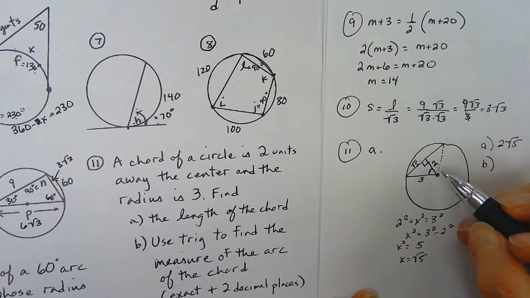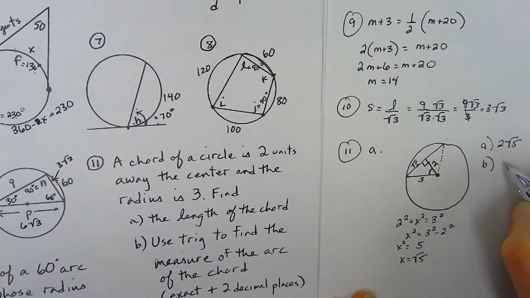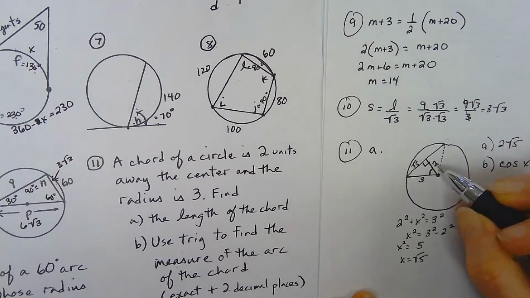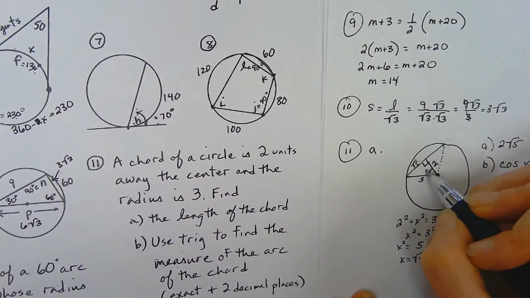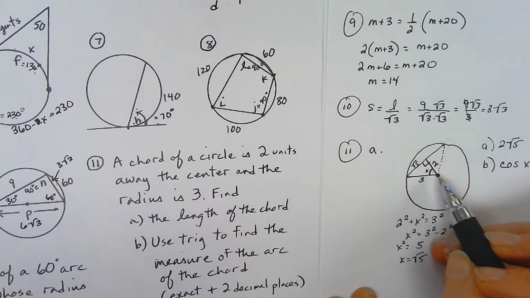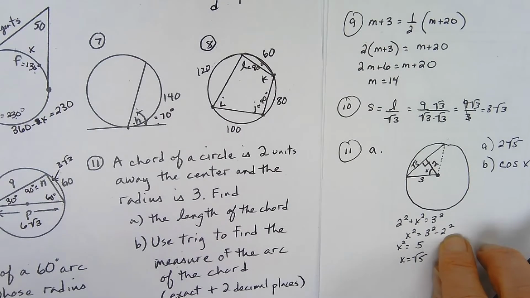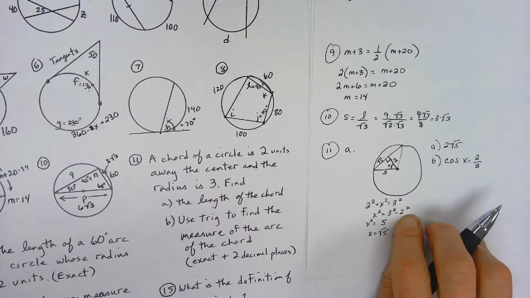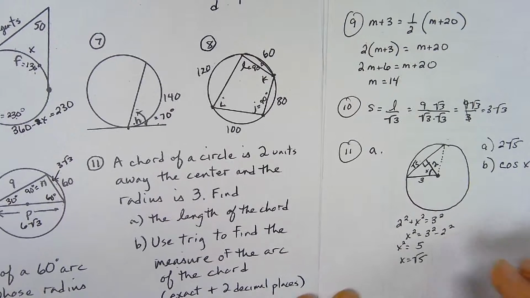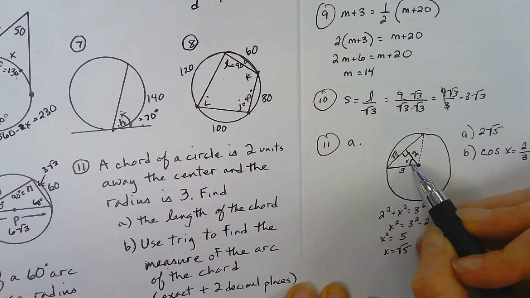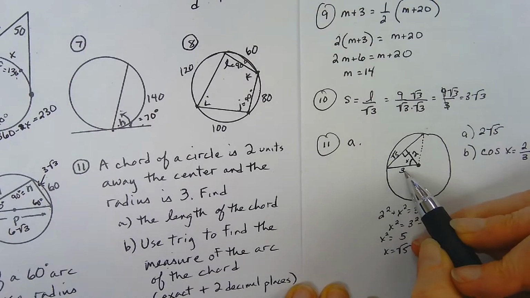The relationship between this side and this side is cosine. Cosine of x uses the adjacent side over the hypotenuse. So the cosine of this angle right here, x, is equal to the adjacent side over the hypotenuse.